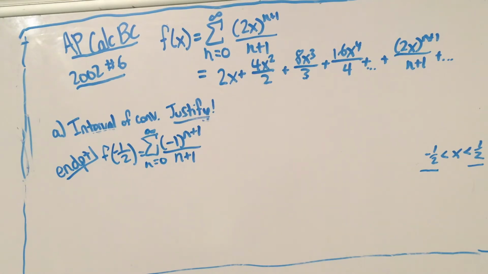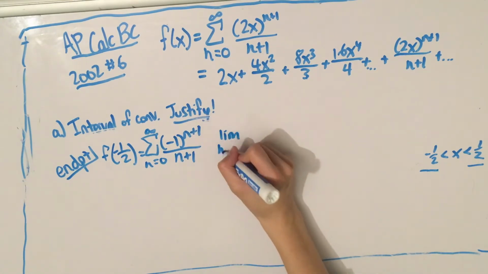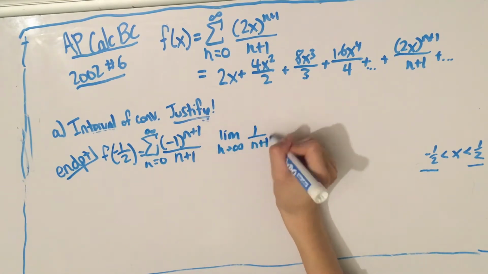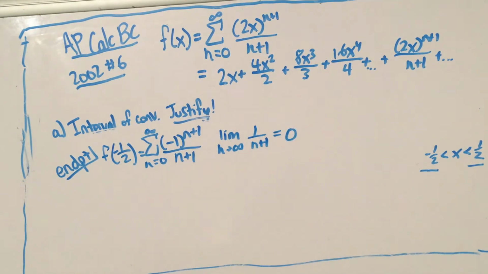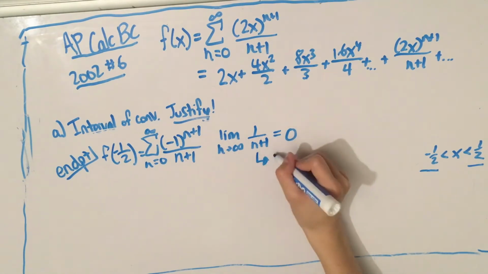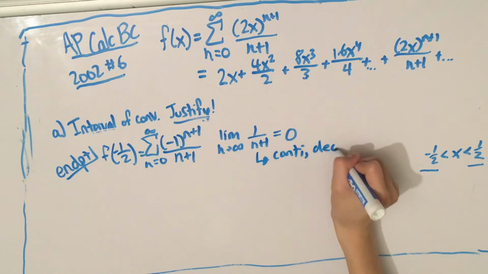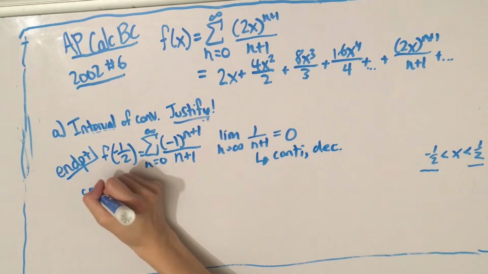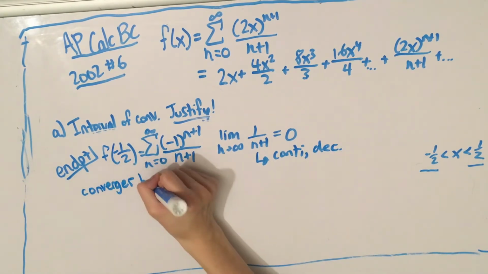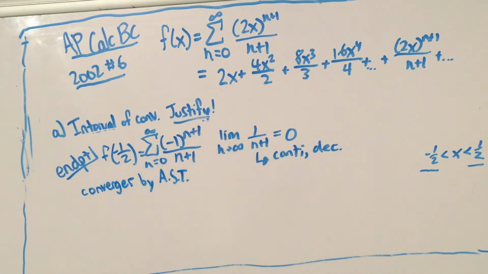Since the limit as n approaches infinity of 1 over n plus 1 is equal to 0, and of course 1 over n plus 1 is a continuous decreasing function, we can conclude that this series converges by alternating series tests, and thus negative 1/2 is included in our function's convergence bound.